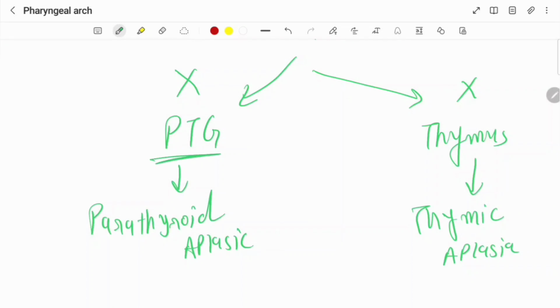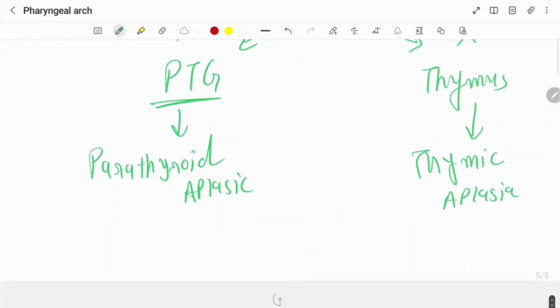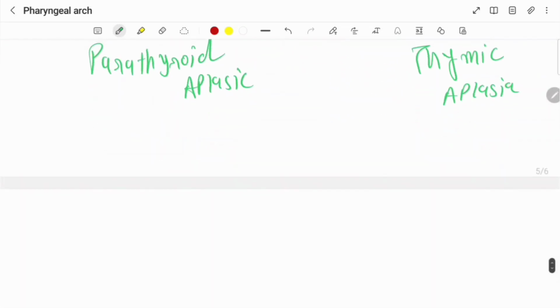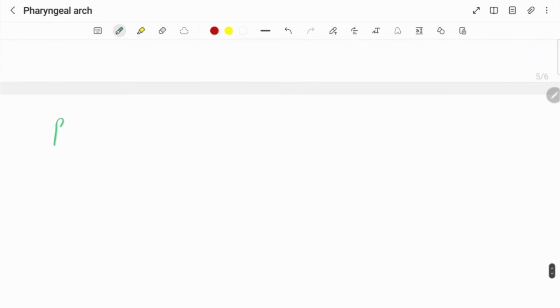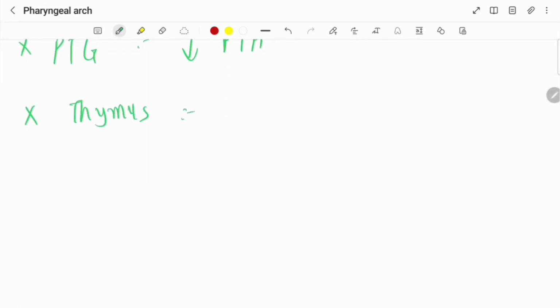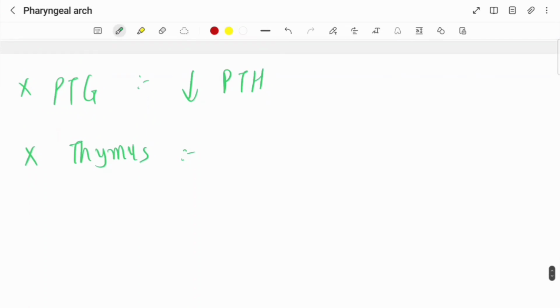Now, if the parathyroid gland is not there, will PTH level increase or decrease? It is going to decrease. Okay, so decrease in PTH level. The thymus gland is also not there. What is secreted by the thymus? T lymphocytes, right? That's why decrease in T lymphocytes. What is the function of T lymphocytes? They give immunity to the host, right?